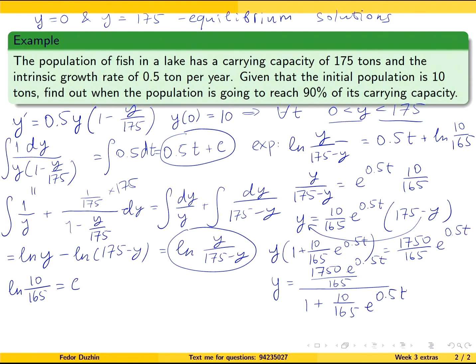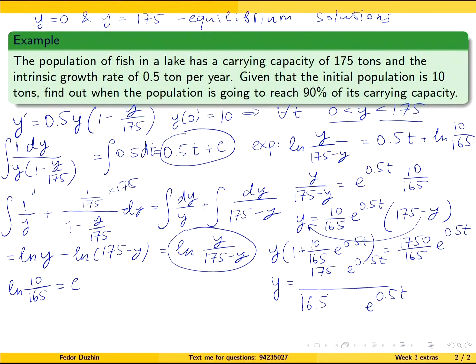Okay, beautiful. So let us simplify it. How do we simplify it? The easiest thing to do is to multiply by 165. Then probably we can cancel by 10, I guess. So we can delete 10, divide by 10, and here we're going to have 16.5.